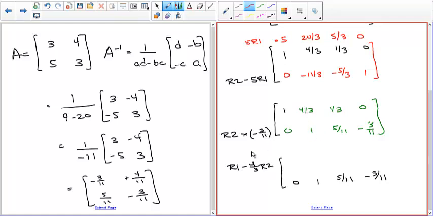So what I need to do is write out 4/3 row 2 here. So here's row 2, so you'll have 0 times 4/3. You'll have 1 times 4/3. Here we'll have 20 over 33.